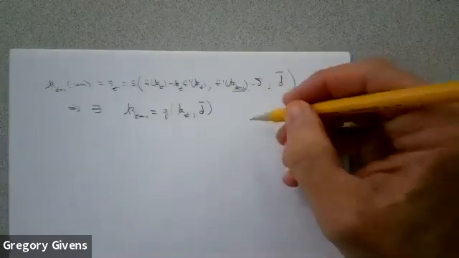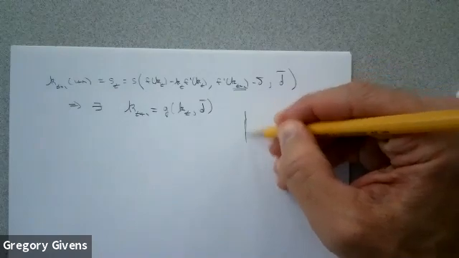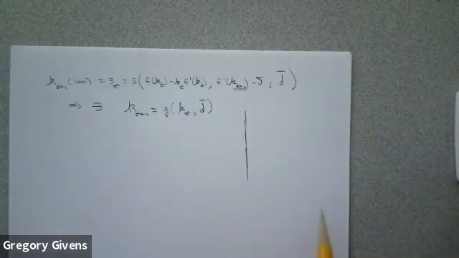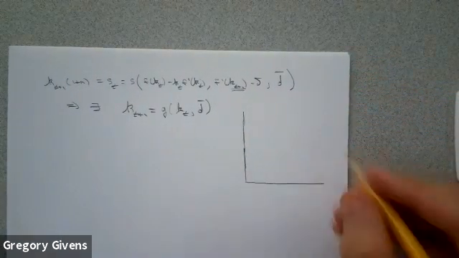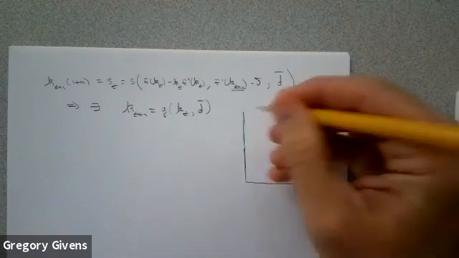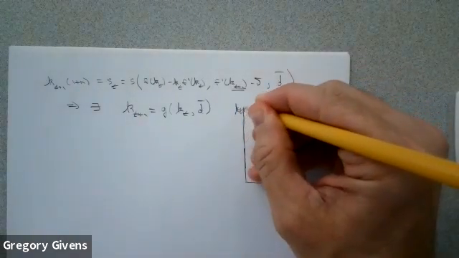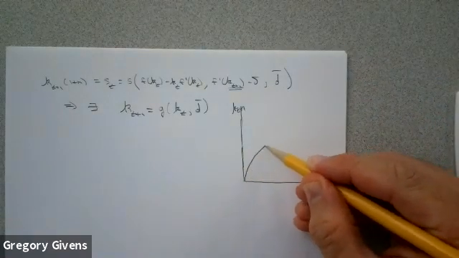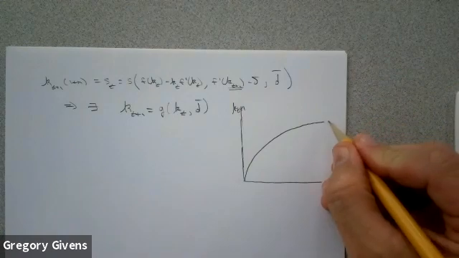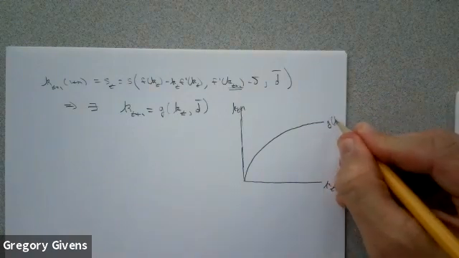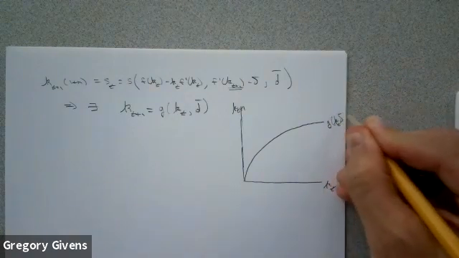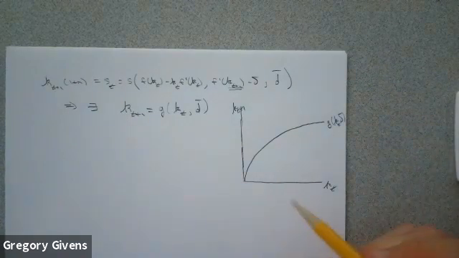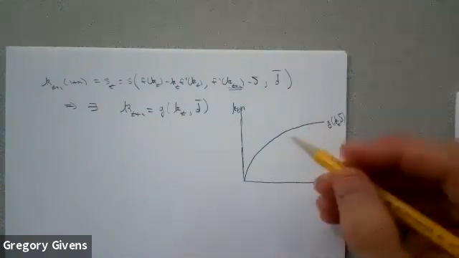If I were to draw what this function G looks like, it probably looks something like this. It's a function that maps K_t's into K_{t+1}'s, and it almost certainly has this kind of concave shape to it. Where would the steady state value of capital be located?